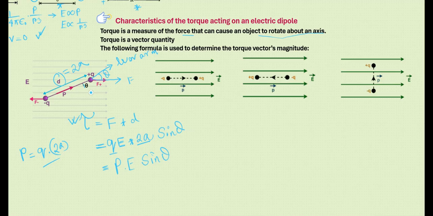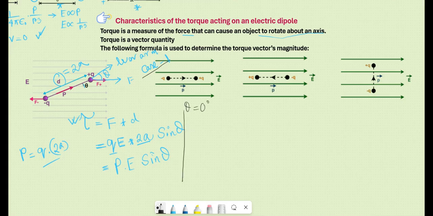Now for case 1, so this is case number 1. Here we could say the electric dipole is parallel. It means theta is equal to 0 degrees.